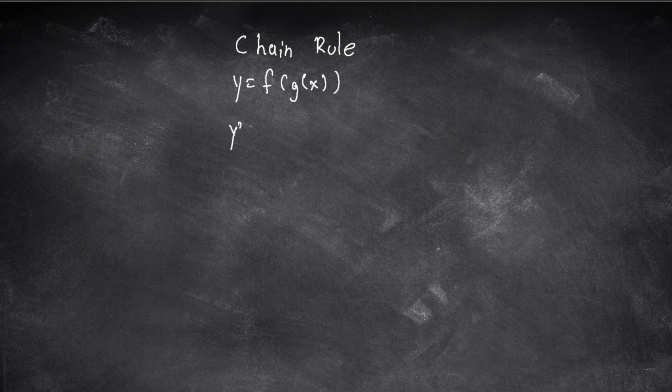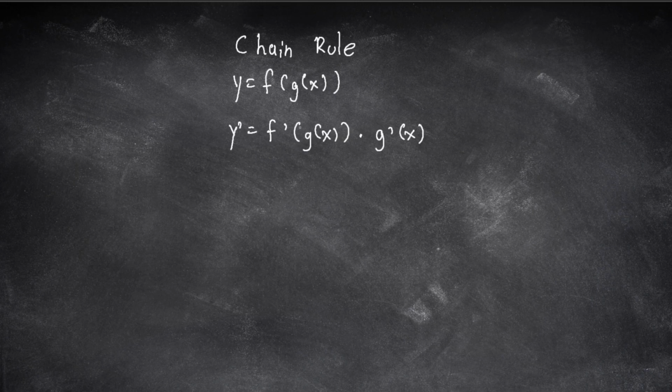We take the derivative of the outside function, keep whatever's inside the same, and then we take the derivative of what's inside. You work from outside to in, and keep going down if there's more chaining that you need to do.